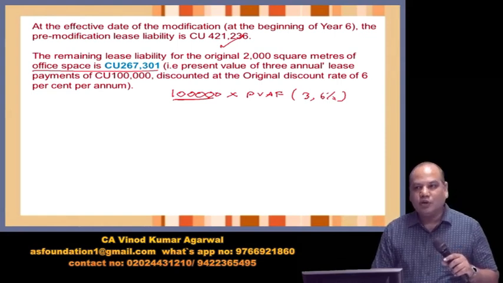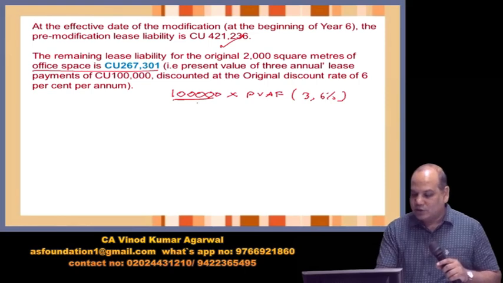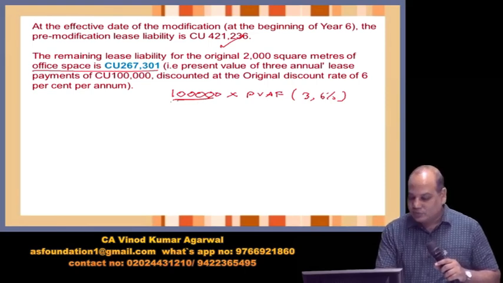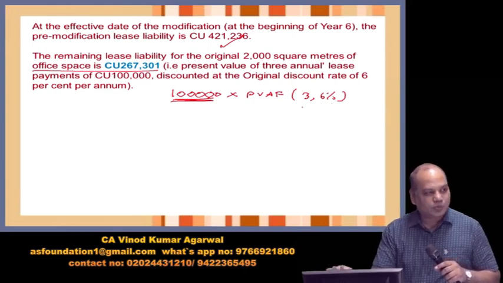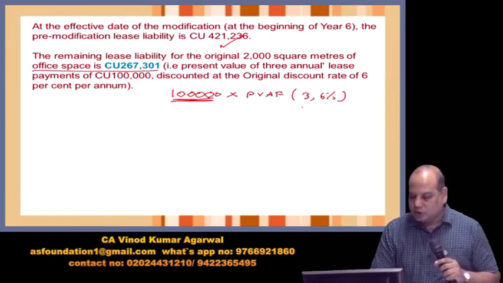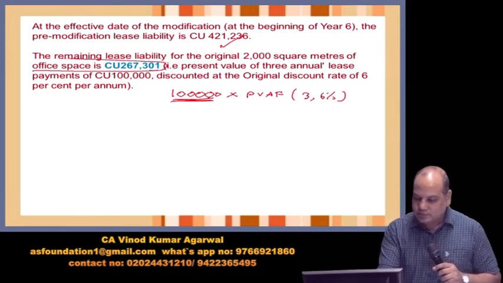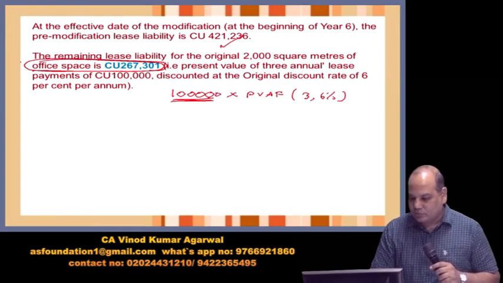What would be my revised lease liability now? So my revised lease liability would have been 1 lakh into PV annuity factor 3 year and 6%, or you can do the proportionate calculation also. Calculate how much it comes to. 267,301. Is it right? 267,301. Say yes or no.